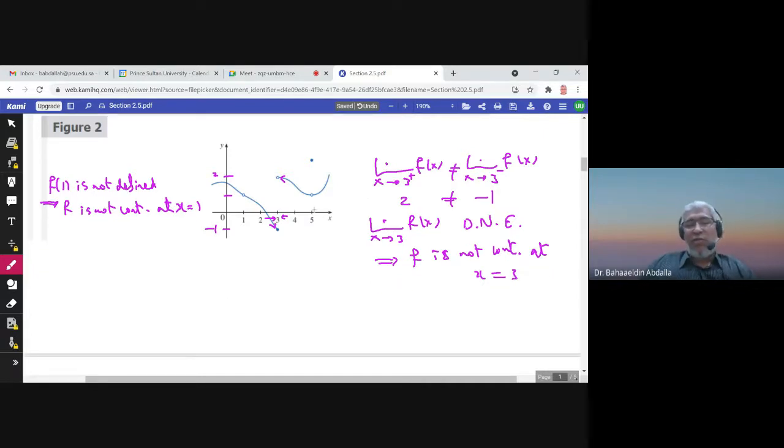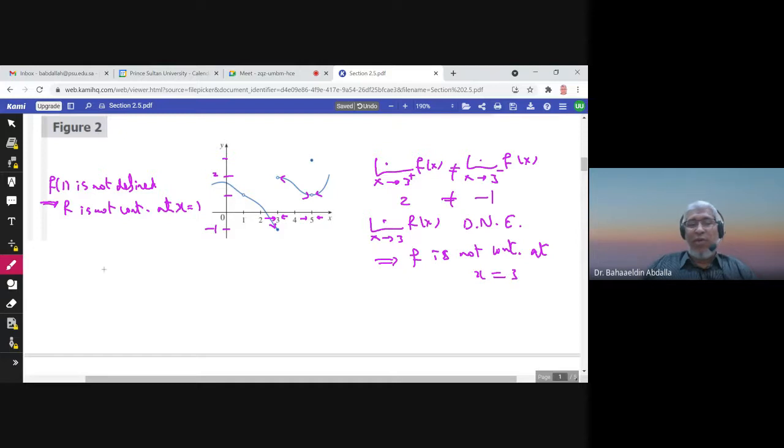Look at 5. f of 5 is defined. This is f of 5. You can say 3, for example. The limit when x approaches 5 from the right and from the left of the function exists. It equals 1, for example.